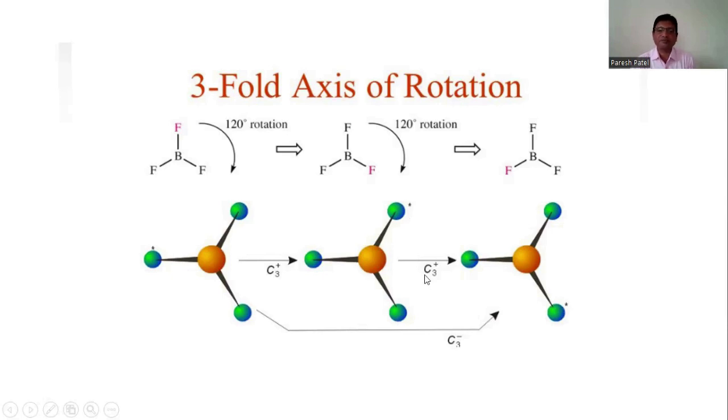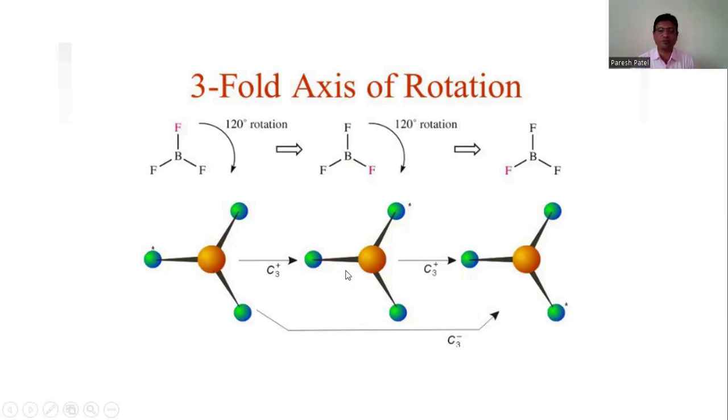So repeat again. In case of the BF3 molecule, one C3 is the main principal axis and 3 C2 axes of rotation are present. Now, if you go for the symmetry operation, that is rotation along this imaginary axis around 120 degrees, we get the equivalent orientation position.